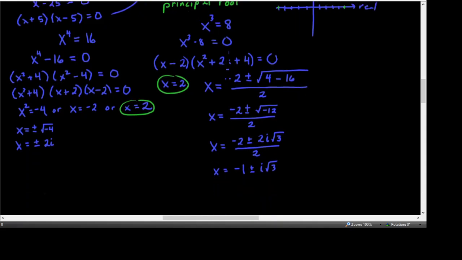Now let me do the x to the 4th equals 16 graph. The graph of the fourth roots of that number 16, I should say. So this is the real axis. This is the imaginary axis.